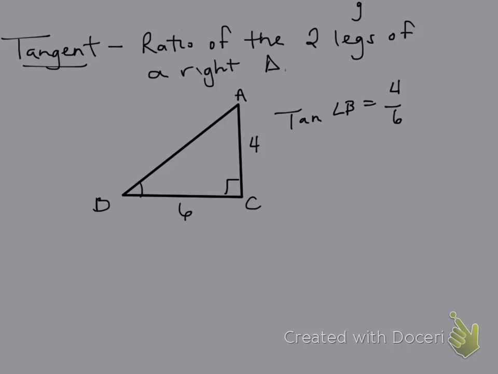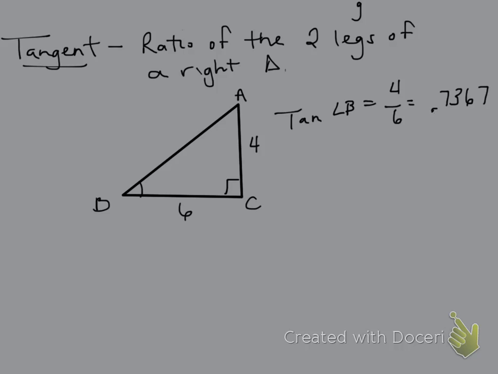And 4 over 6, when you break it down, is going to be 0.7367. Generally, when we're dealing with sine, cosine, and tangent, you're going to round it out to 4 decimal places. So you're actually going to have 0.7367.